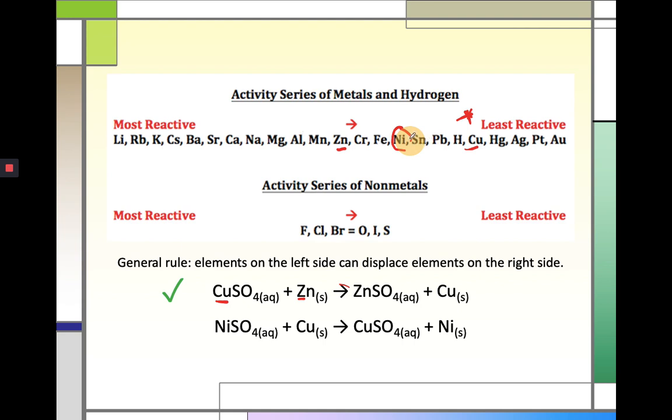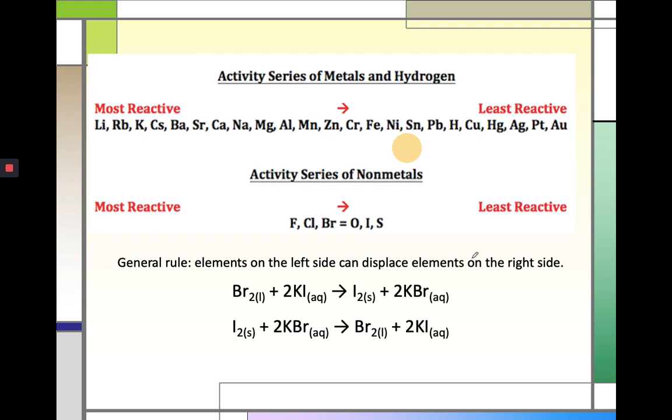Since you can see that Ni comes before copper, nickel is more reactive than copper. So can copper displace nickel? No, all right? This reaction cannot happen, so you expect no reaction.